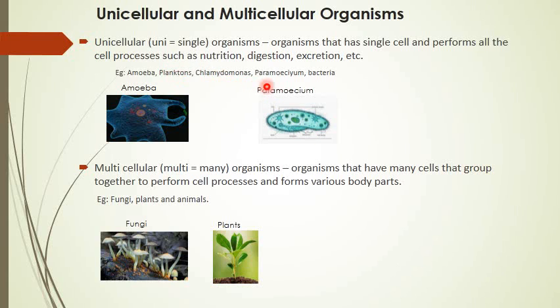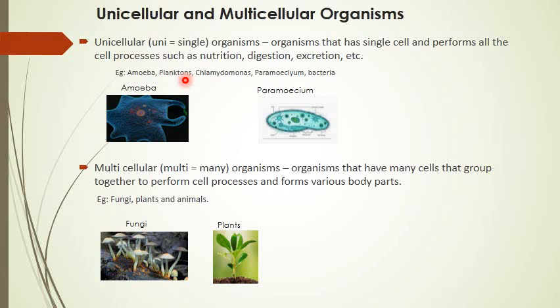Like that, there are many bacteria, chlamydomonas, planktons. When I say planktons, planktons are the water plants or animals. The plants or the animals that live in water. Tiny, tiny plants and tiny animals which are present in the water.